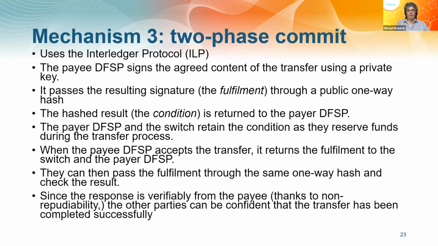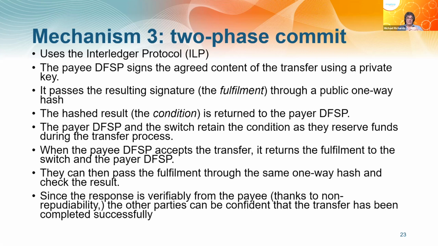Final level of security is a two-phase commit. And this works in the following way. It uses the Interledger Protocol, ILP, which again is a publicly available definition. You can look it up. The way it works is as follows.